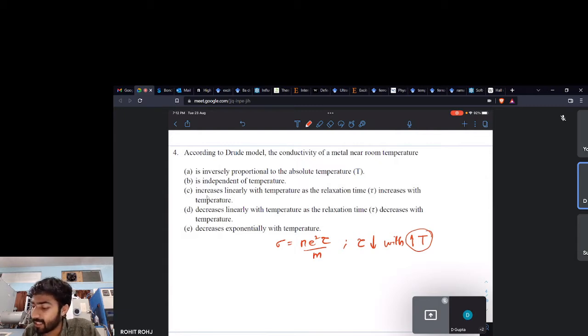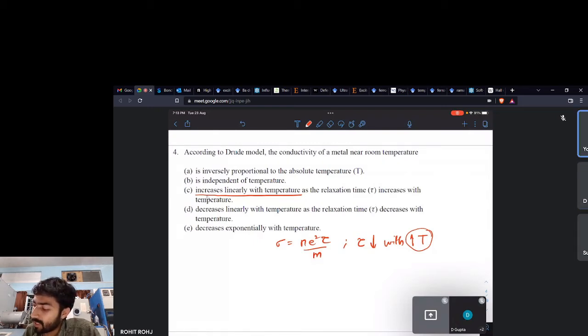The statement in general means increase in temperature in a conventional reading sense, but one should have mentioned clearly increase or decrease. Similarly, the next option says decreases linearly with temperature. Exactly, you are right, but in a conventional sense one would read it in terms of increasing temperature.